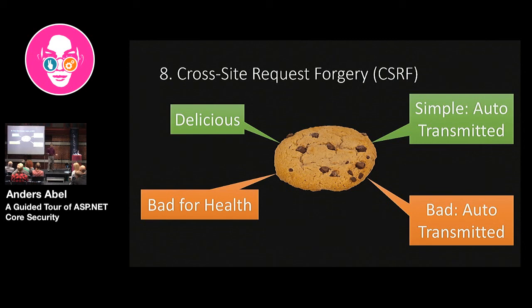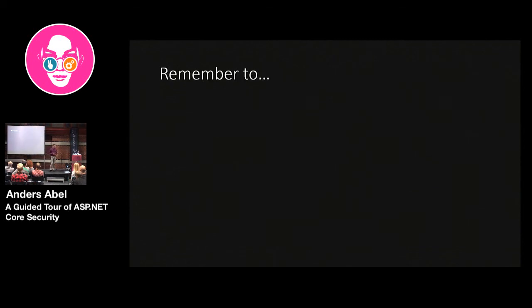So to remedy this, we must make sure that the posted data actually originated from a form on the same application. And that's simple. You just create a token containing a cryptographically secure random component tied to the current user.